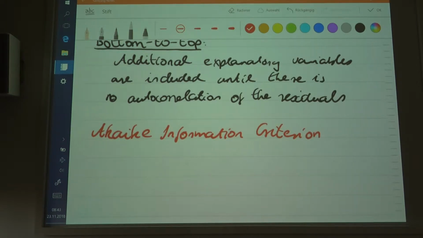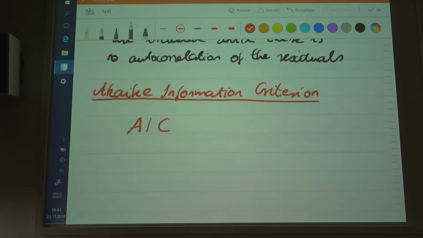This is something that you can quantify here. So what you do is you calculate something here, and this is called AIC. Basically this is just the name of it.